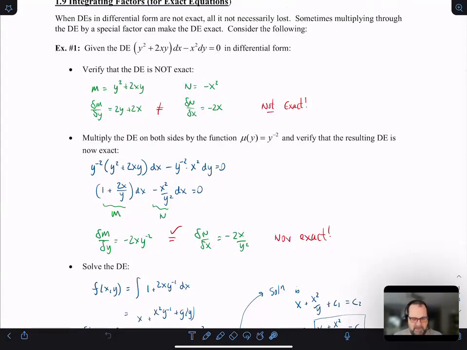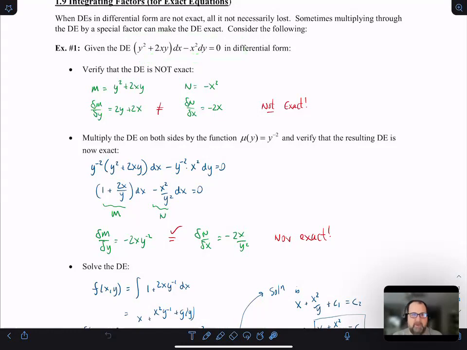So this is our initial DE in differential form we're going to attempt to solve. If we look at this equation, our first step in section 1.8 was to always verify if we have an exact DE or not. So if we do that here, this is our M function, this is our N function.